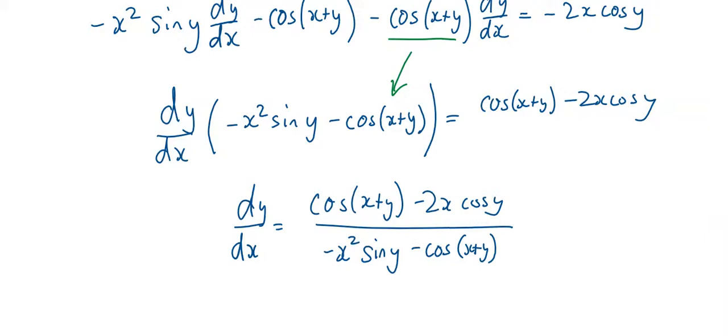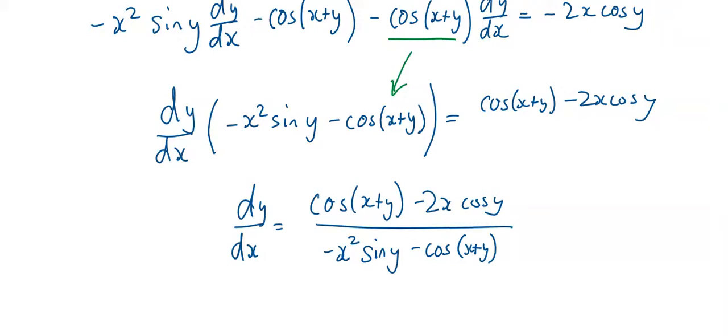Any questions? This is in implicit form because it's got x's and y's. What if you were required to leave it in non-implicit form, explicit form? What would that mean?